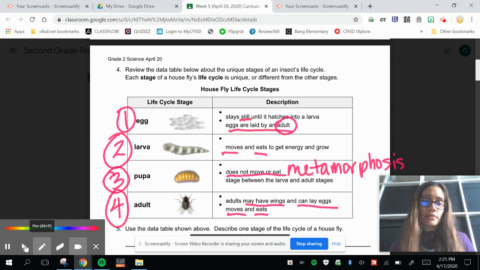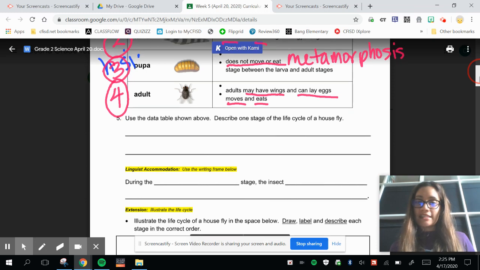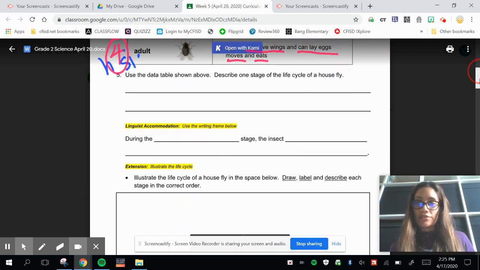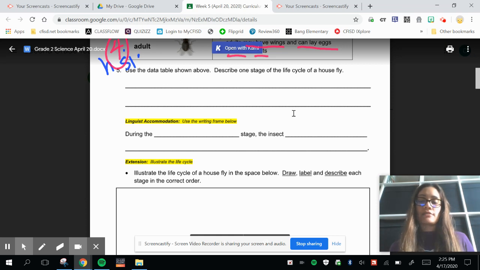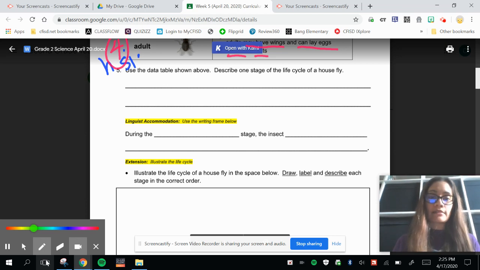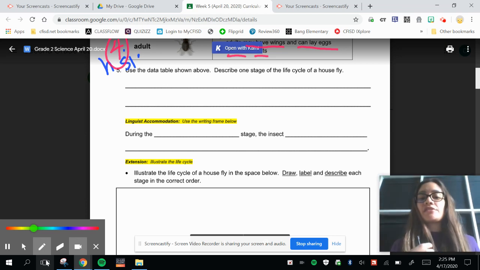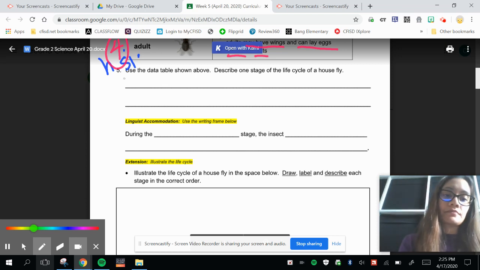So we're going to look down below, and we're going to use this data to describe one life cycle of a house fly. So I'm going to write a complete sentence about one of the stages of a house fly insect. I'm going to describe the larva.